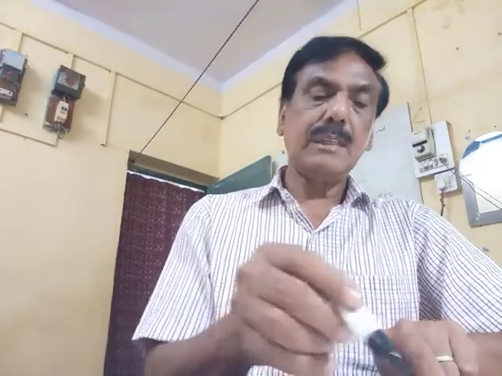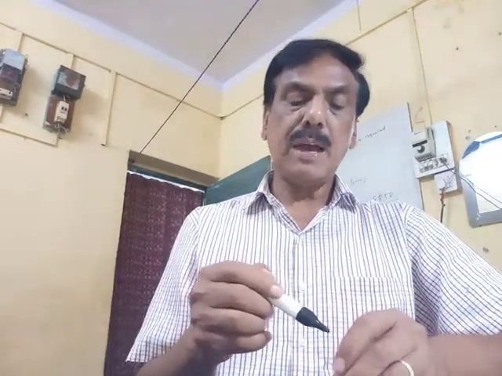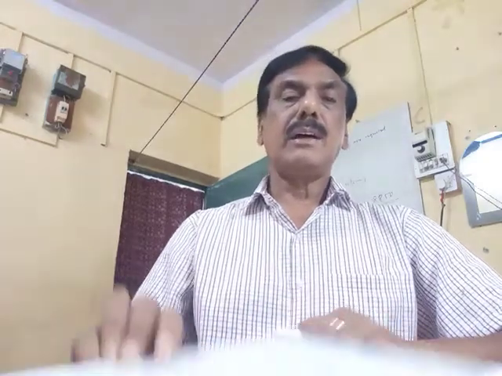So the overall reaction can be written like this. HCl plus water gives hydronium ion plus chloride ion. The hydrogen ion gets cancelled here, so you get hydronium ion and chloride ion.